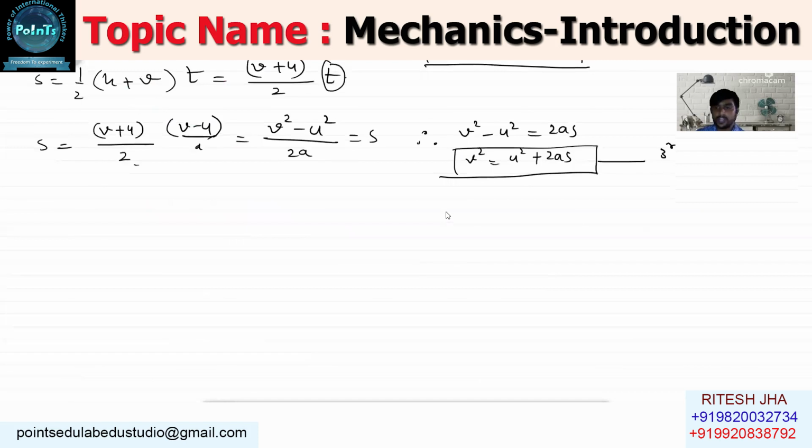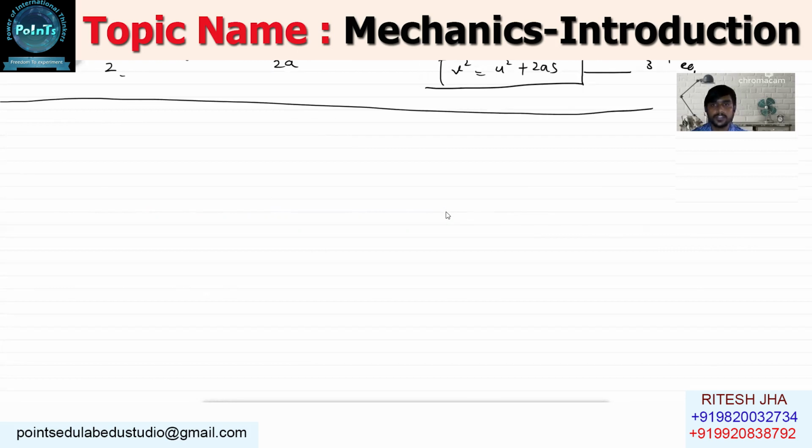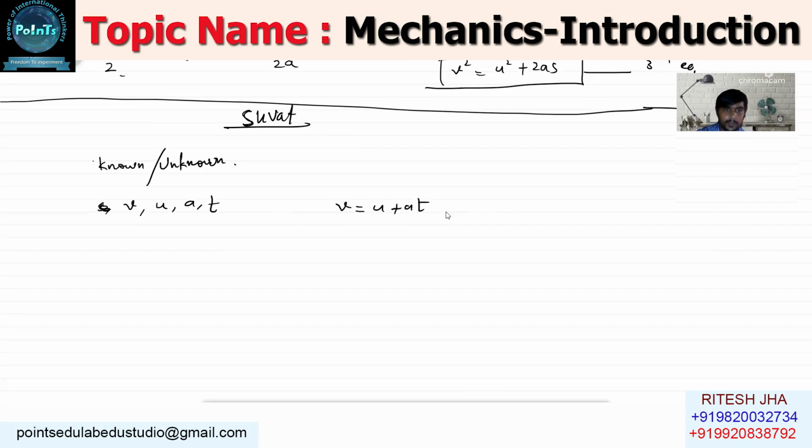So remember one thing: whenever you have questions on these things, you already know you have to use the SUVAT equations, the letters S U V A T. When you write the set of known and unknown, if that set is coming out to be V U A T, we use the formula v equals u plus at. If that set is S U A T, we use s equals ut plus half at squared.